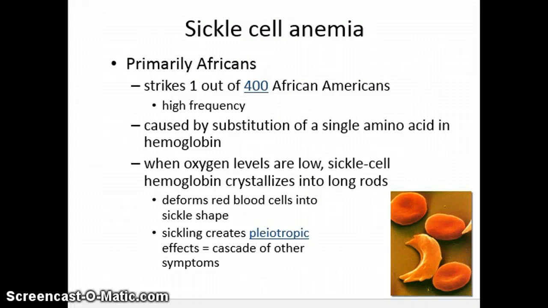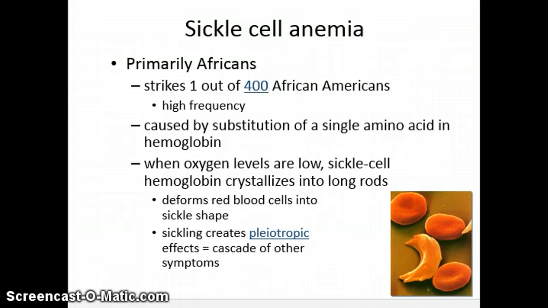I wanted to take a look at a few different examples of when genetics does not work right, or actually results in problems for the organism. One of these is sickle cell anemia.